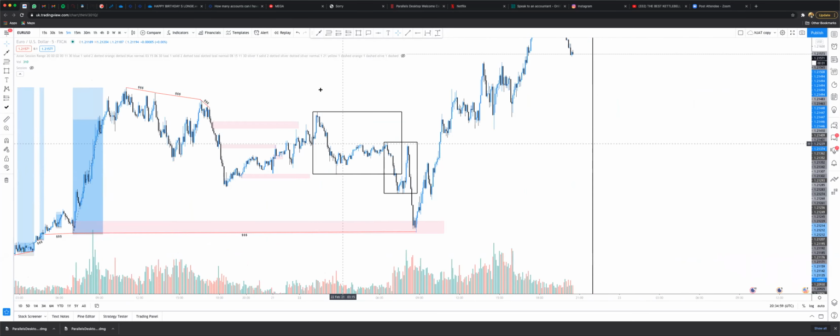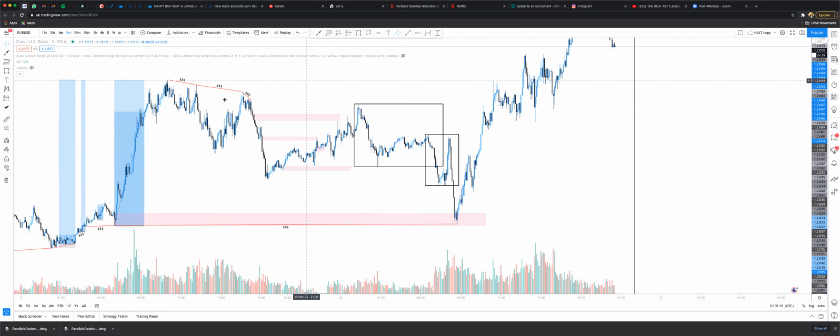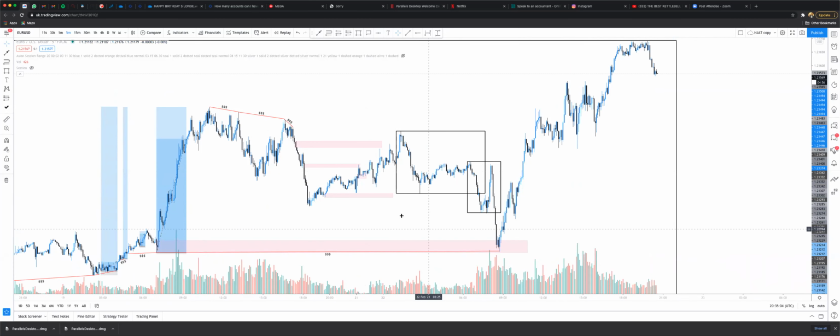I saw that we were in a bearish order flow here. It broke this range, and the next range that formed was around here, where price was trapped between this point where it rejected and then started coming up.